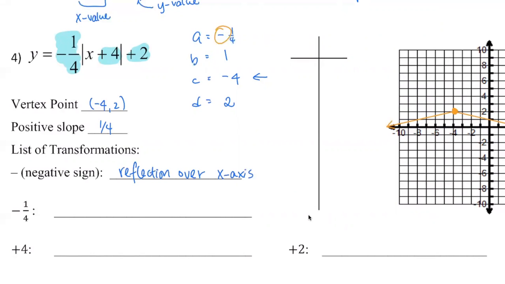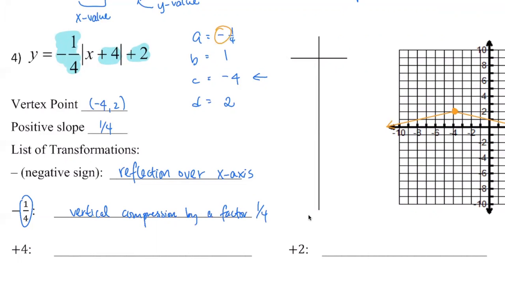The -1/4, so the quarter, is just going to be the vertical compression by a factor of 1/4.